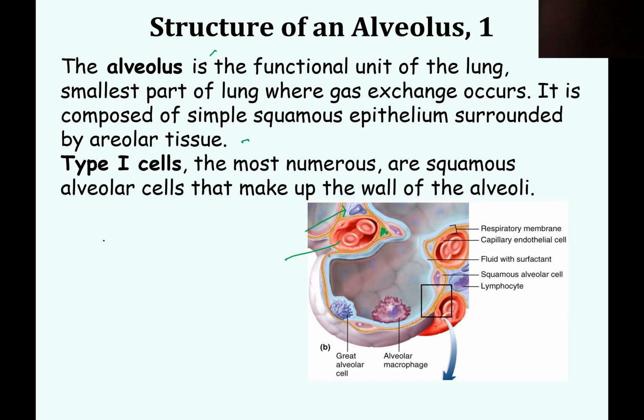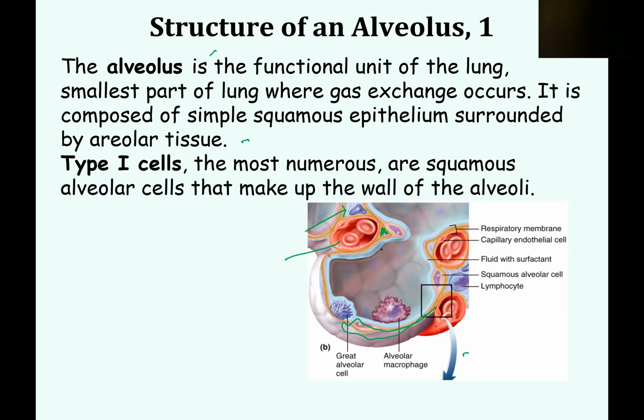There are three kinds of cells in the wall of the alveolus. The main and most numerous is the type 1 cells, also called squamous alveolar cells. They make up the wall. So here you've got a cut into the alveolus, and you can see one cell here.